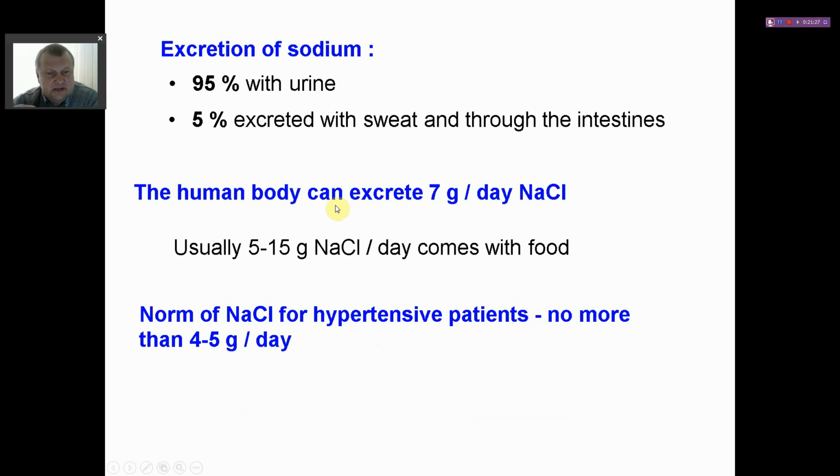The human body can excrete approximately 7 grams per day of sodium chloride, and usually from 5 to 15 grams of sodium chloride per day comes to our organism with food. And the norm of sodium chloride for hypertensive patients is no more than 5 grams per day.